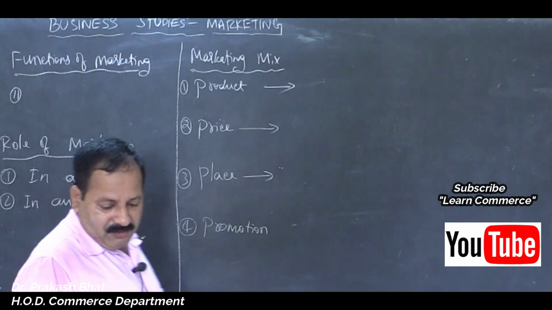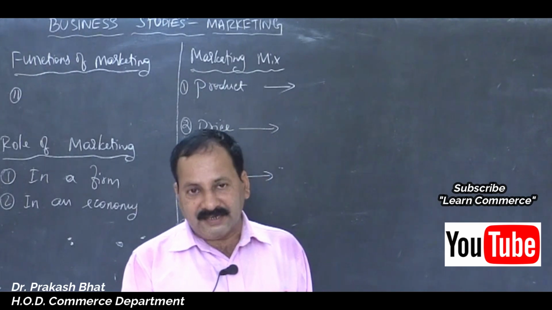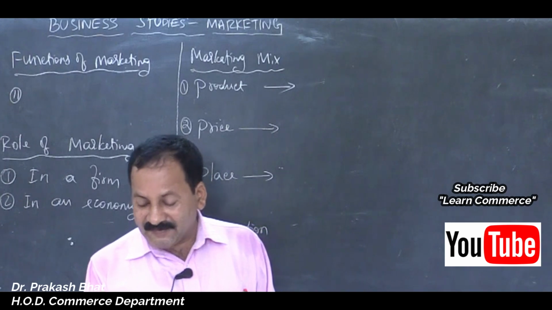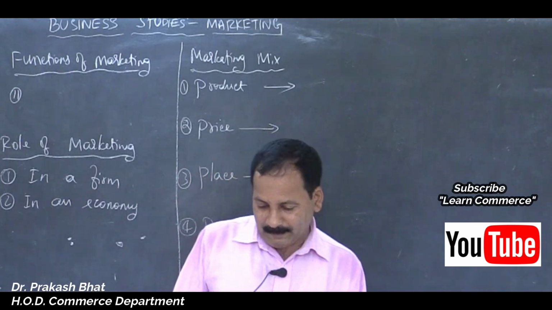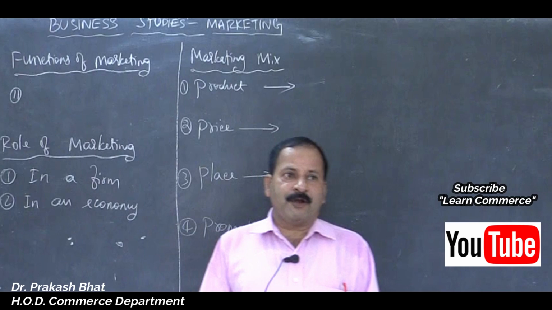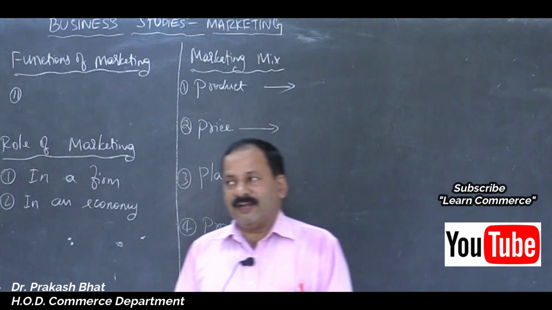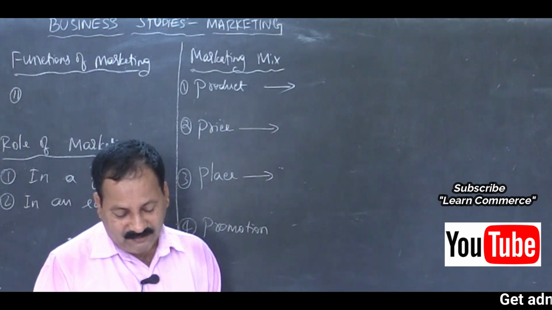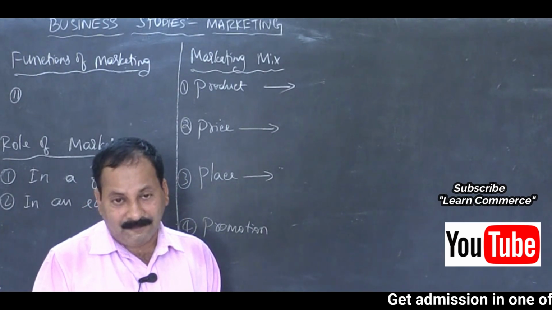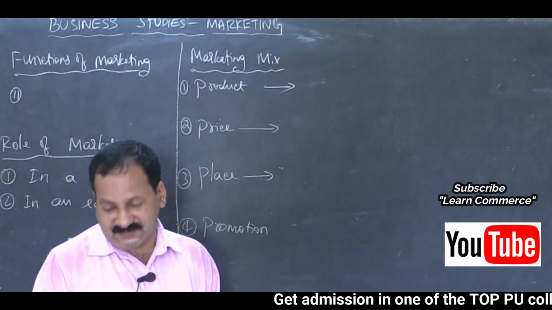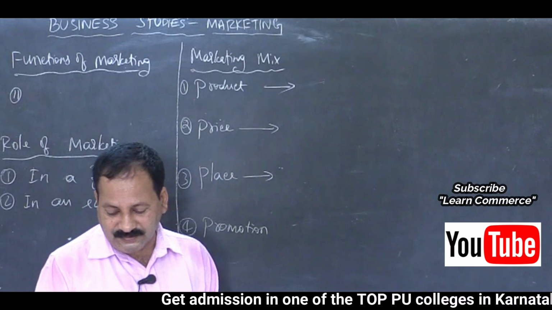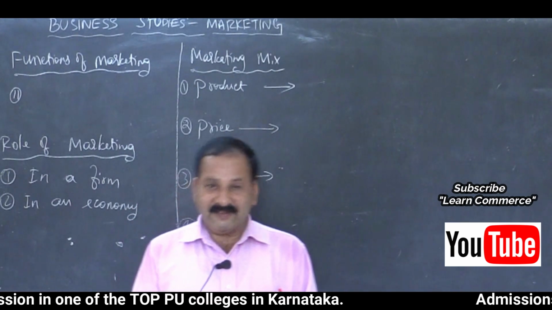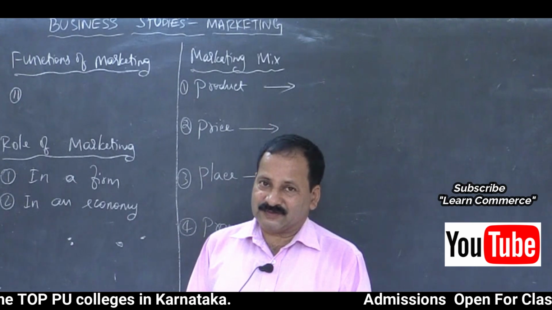You have already gone through the various functions of marketing, like identifying the needs, that is gathering and analyzing market information, market planning, product designing and development, standardization and grading, then packaging and labeling, then branding, customer support services, pricing of product, then promotion, physical distribution, and transportation we have come across.